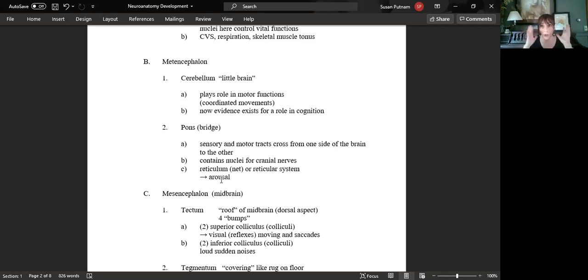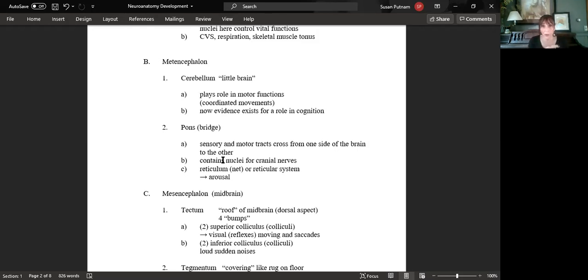There are a bunch of nerves that go throughout your cranium, including your optic nerve. This area also contains and is part of the reticular system that is absolutely essential for arousal.